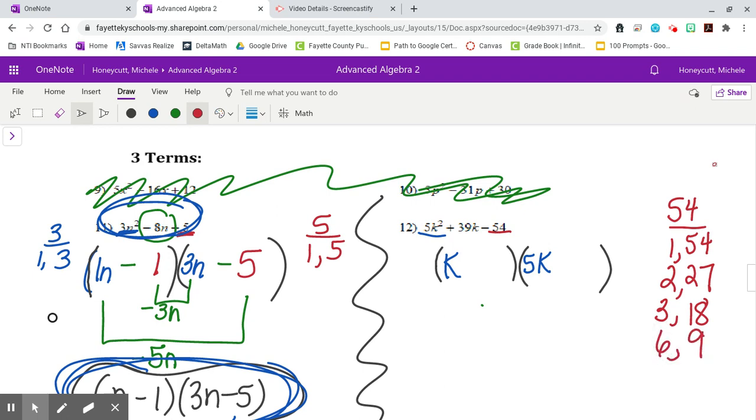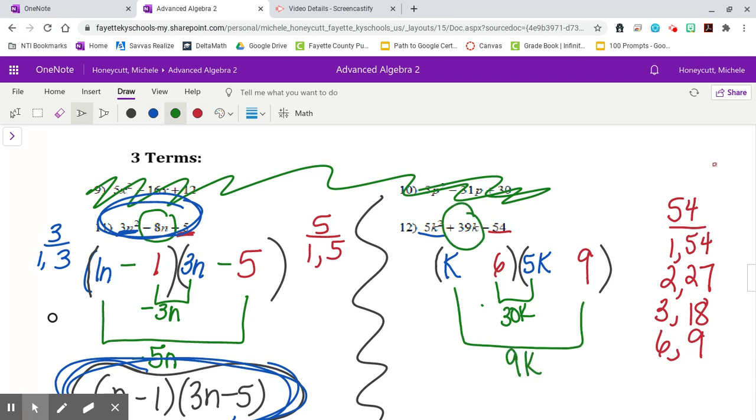All right. So now I'm going to try any factors I want. Let's try 6 and 9 because it's at the bottom of the list. So I put 6 here, put 9 there. Let's see if this works. The product is 30k. K times 9 is 9k.